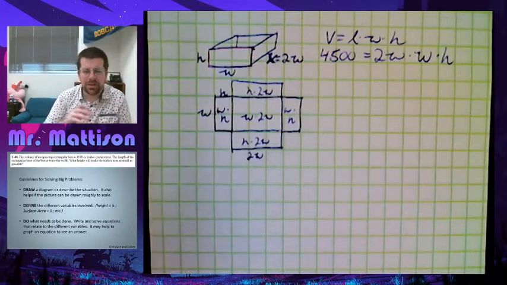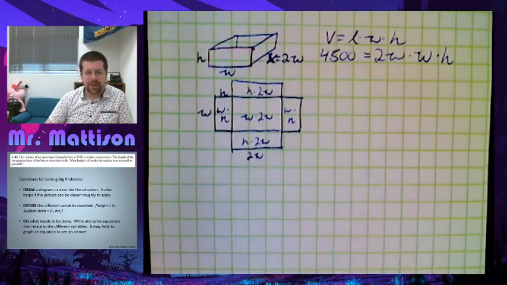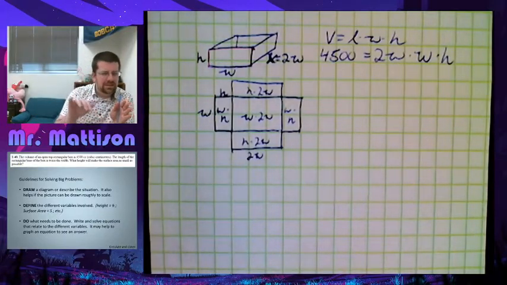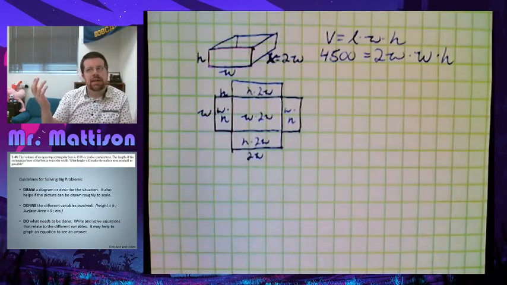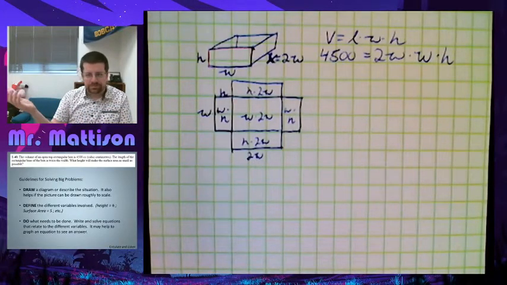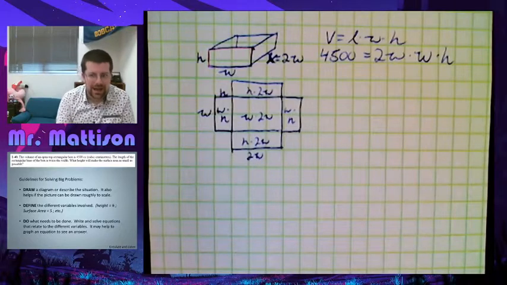Now I want to talk about a quick thing that comes up with this particular problem. They don't really specify, for the surface area of an open-ended box, are you counting the interior surface area as well as the exterior surface area, or just one of them? It doesn't change the process in which we solve this. Basically, it would just double your surface area. So you still get the same idea there.